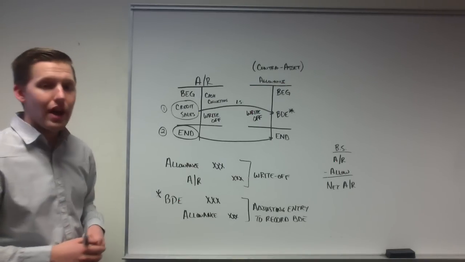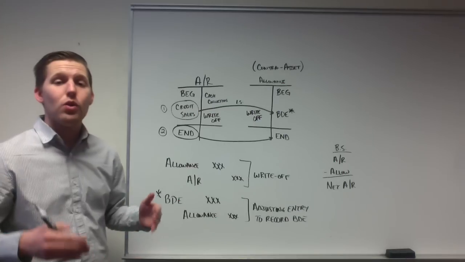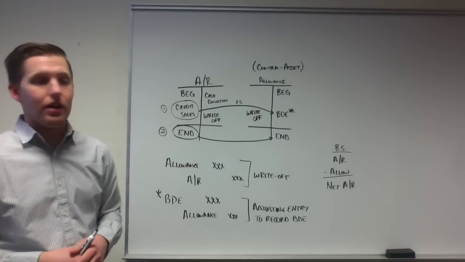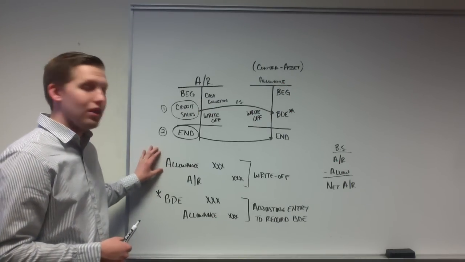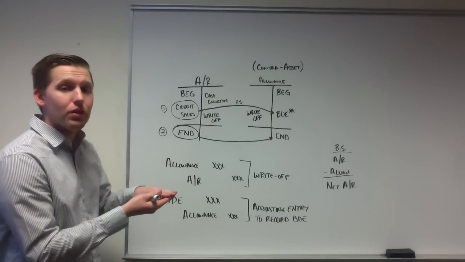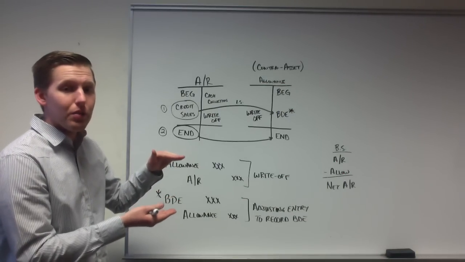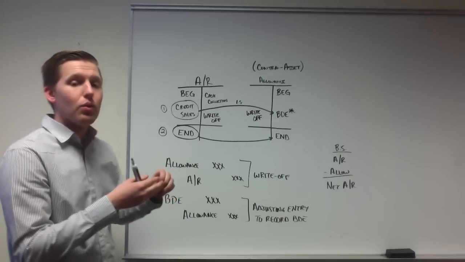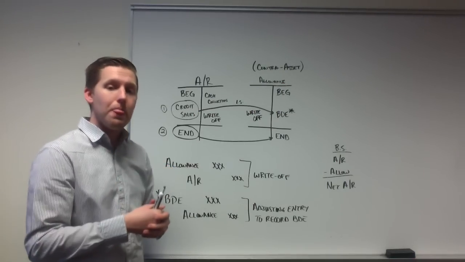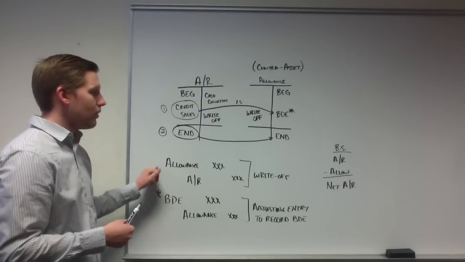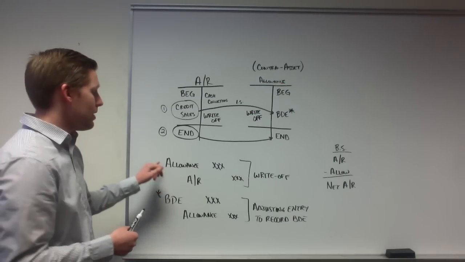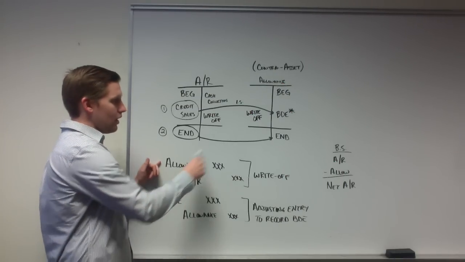So the way I do that is I say, I now know who it is that's not going to pay. So I don't need as much of a reserve, so I'm going to take from the reserve and I'm going to write off that customer's account. So that's what this journal entry is doing right here, the write-off. I'm decreasing the allowance.